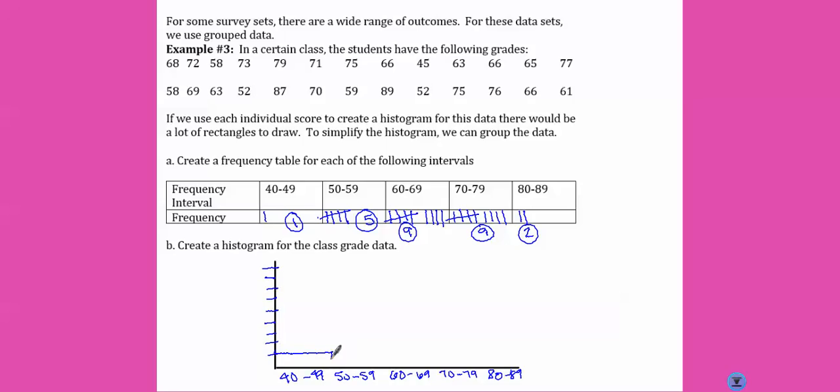So I'll go 1 high for 40 to 49, 5 up, up to 9 for the next two, and then 2 for the last one. So there's a histogram for their grades. So I can easily see visually that most people are getting between 60 and 79, but it does get lower as we go down to 40s and then much lower when we go to the 80s.